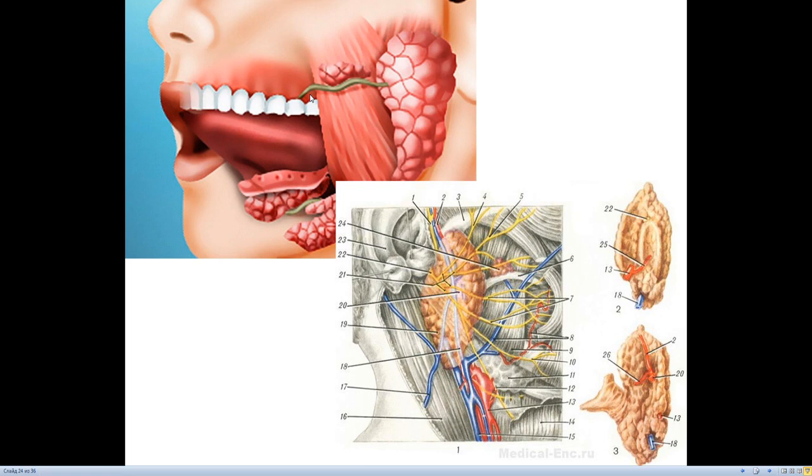That's why pus can travel from the parotid gland into the parapharyngeal space and also into the external acoustic meatus, especially in parotitis.